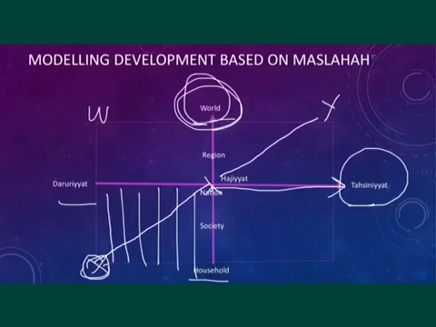So development focus for the ummah can be at a national level, where every Muslim country starts to get together to improve the situation of the ummah. That means we go from national focus towards the focus of the ummah, at a regional level or global level.